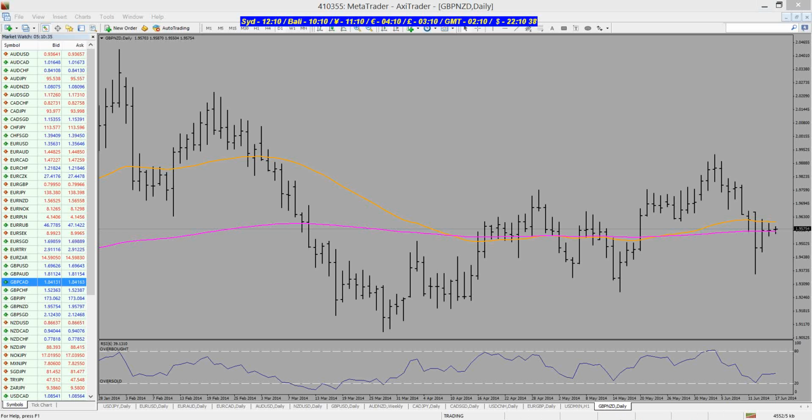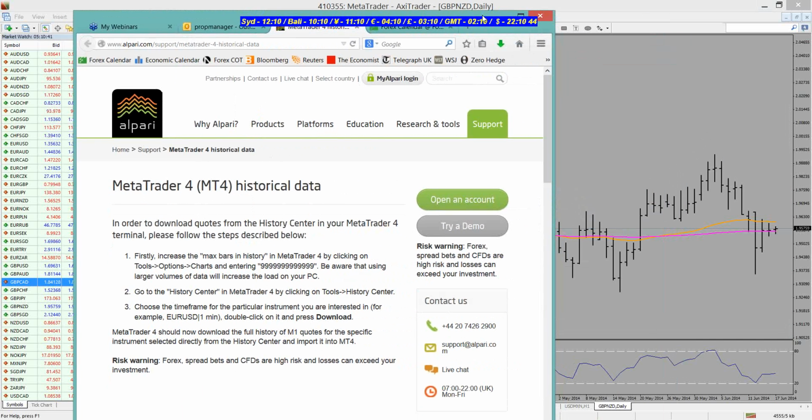Cool. A gentleman asked me to show you guys this, which is how to get historical data in order to download quotes from the History Center. So for something that Axi has only just recently introduced, like the Russian ruble or those Scandinavian ones, you can see you can grab the data from here.